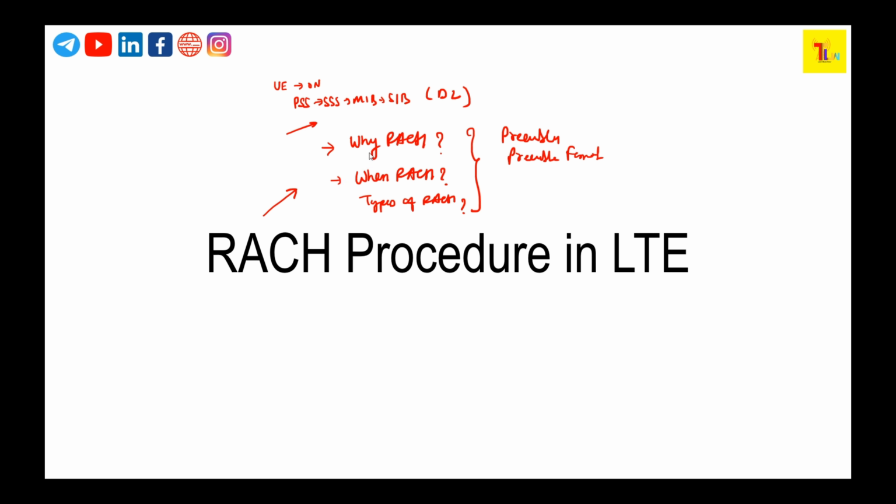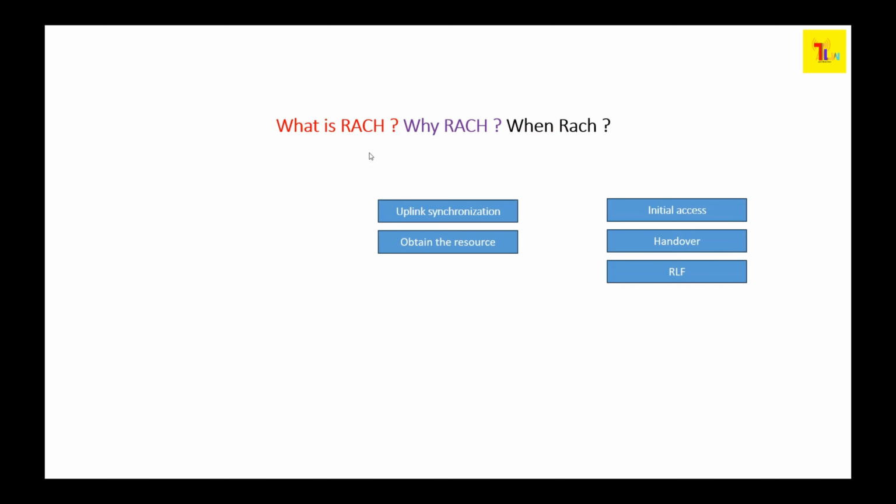Basically, there are two most important reasons why RACH is required. So first thing is to achieve the uplink synchronization between the UE and the eNodeB. This is one of the important things, that the UE must be synchronized in the uplink direction.